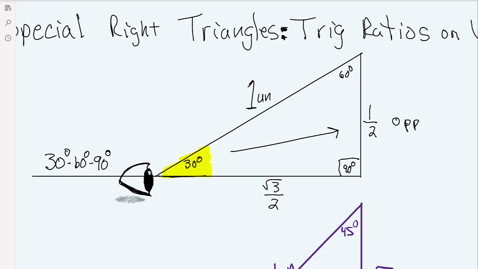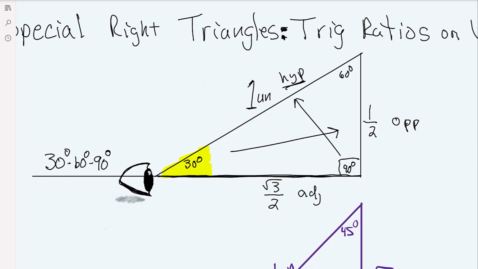The adjacent is always touching the right angle and touching the angle that you're looking at or looking through. So this is the adjacent side, and the hypotenuse is always across from the 90-degree angle. Sometimes it's helpful if you write that first.